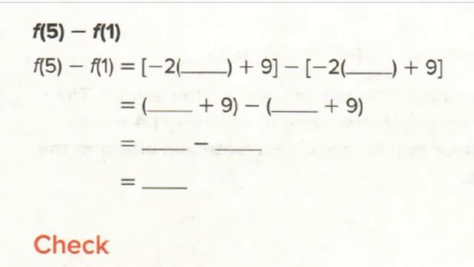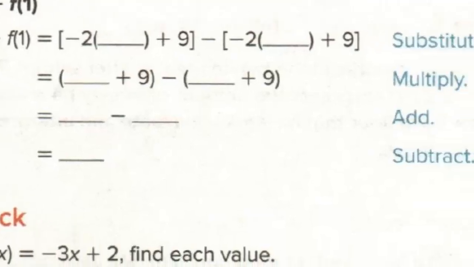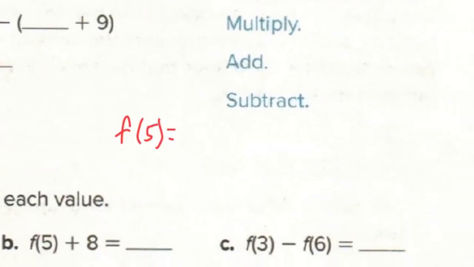So what they're asking us to do is calculate the value of that function from above when x is 5, then calculate the function above when x is 1, and take the two answers that come out of it and subtract them. So f of 5 is really telling us to take the 5 and substitute it in place of x and calculate.